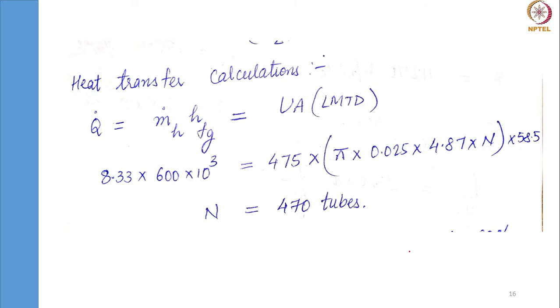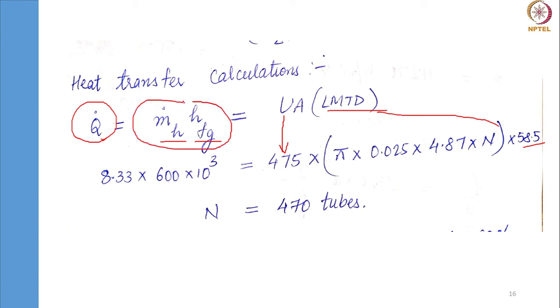Okay, fine. Next up we are doing the heat transfer calculations. Q dot, or the heat load on this heat exchanger, can be written as m dot of this organic fluid times the latent heat of condensation, that equals UA LMTD. LMTD is known, 58.5 degrees Celsius. U is given in our question as 475.